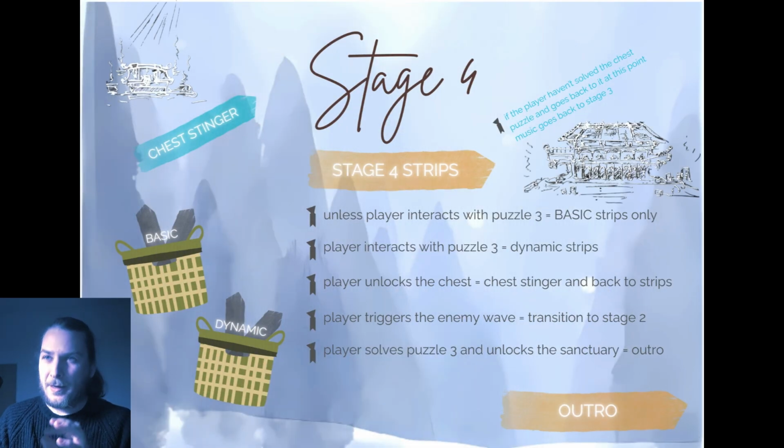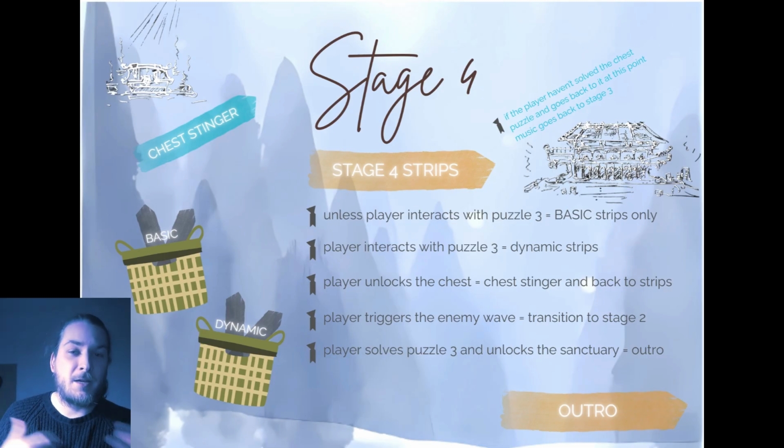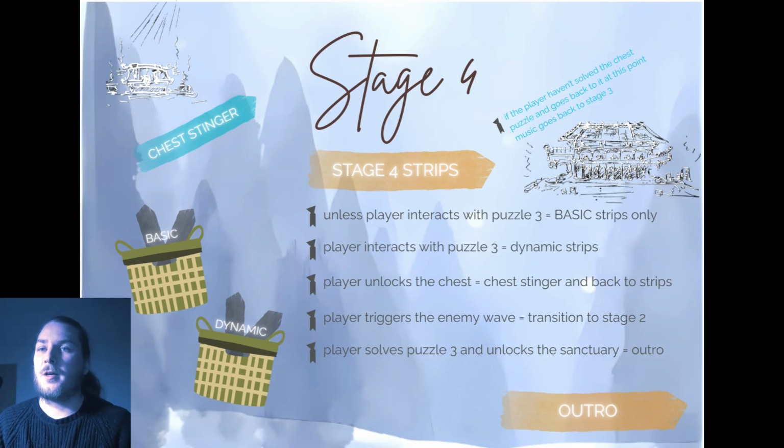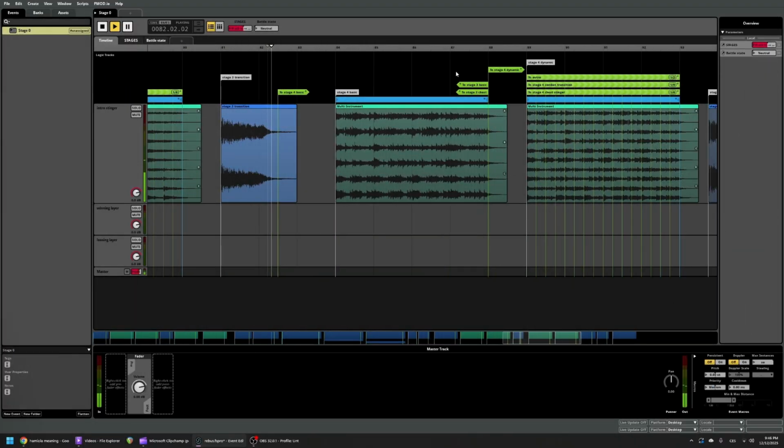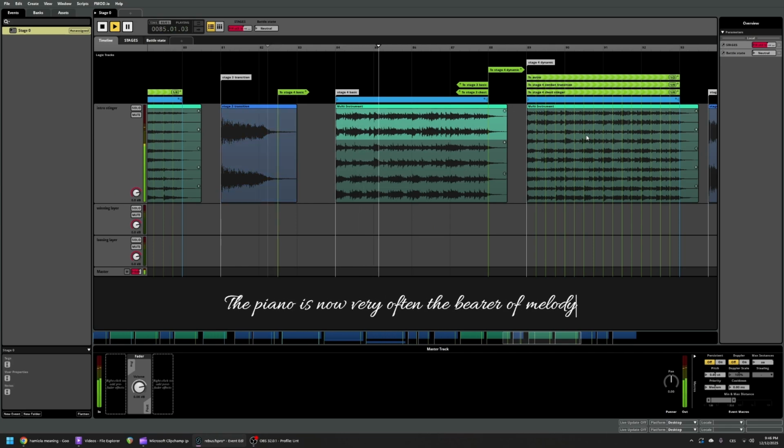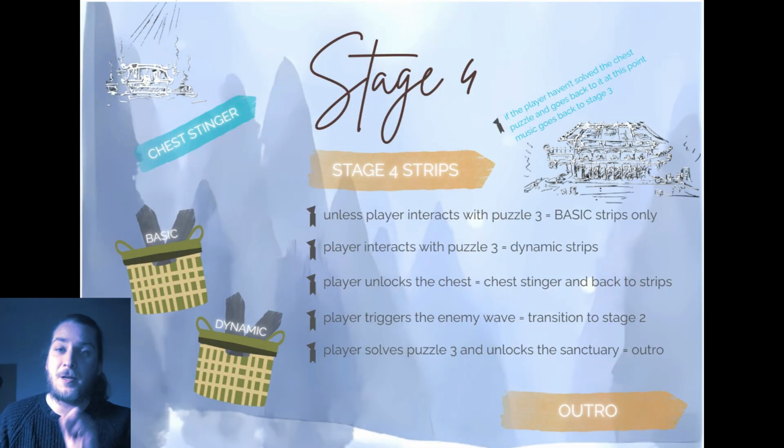So stage 4, depending on how the player gets there, let's say he got here through the chess puzzle, he gets basic strips before he interacts with the third puzzle. If he interacts with the third puzzle, he gets dynamic strips.